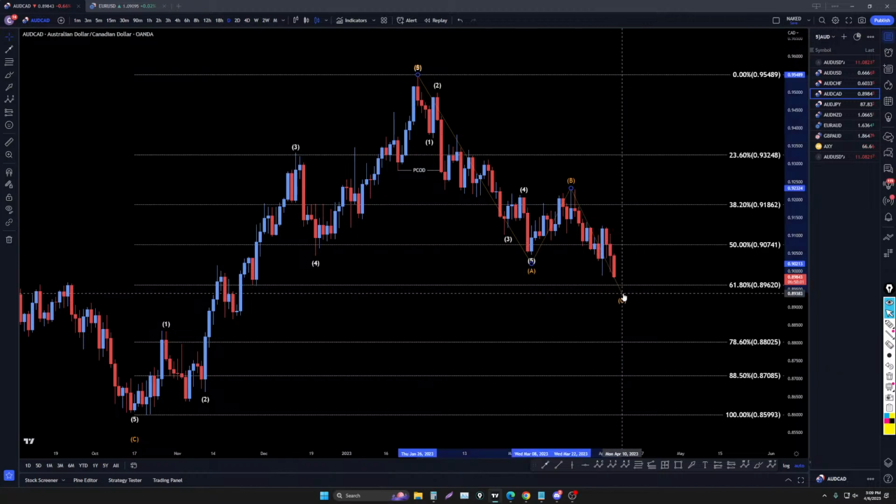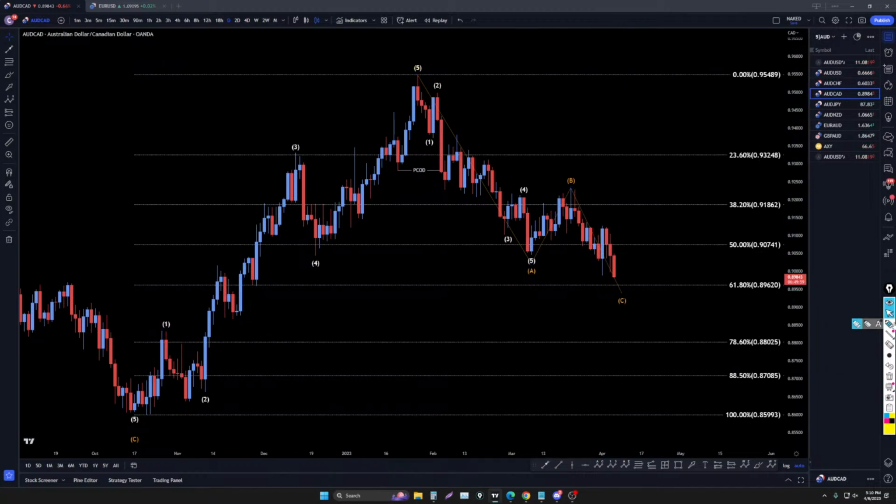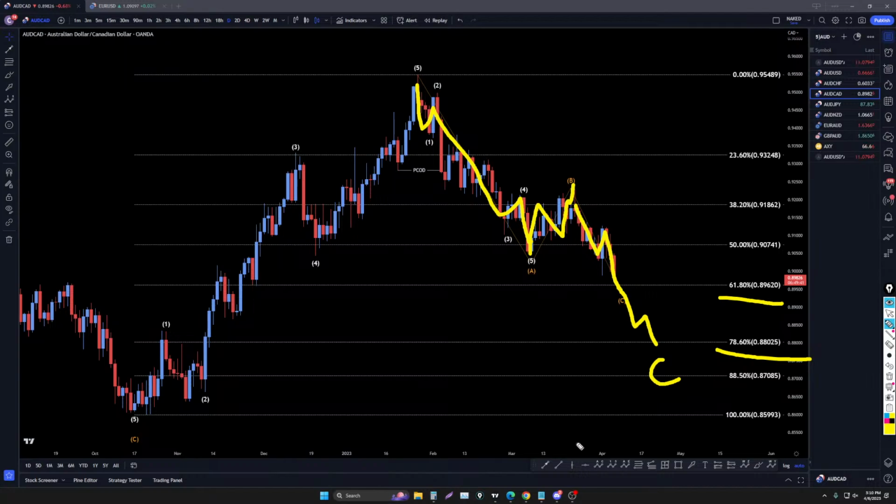So I guess we still have to look at this as possibly being a correction. It's looking pretty strong, but I guess it could be a 5-wave trend for the A, 3-wave pattern up for the B. Yeah, what do we got? Maybe a 1, 2, 3, 4, 5 of C. I bet this is going to go down quite a bit further.